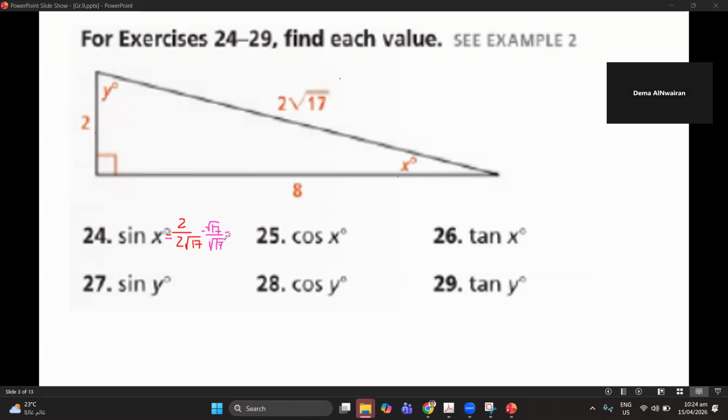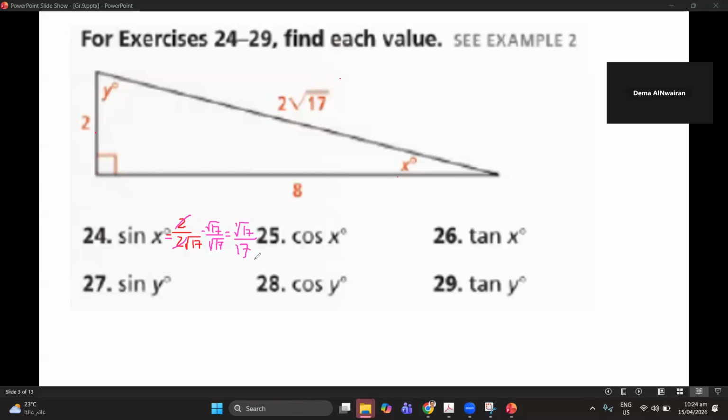From where do they get it? In order to cancel the square root, they multiplied by the square root itself. So what do I have now here? I have 2 cancel 2. So I have the answer as square root of 17 over 17.